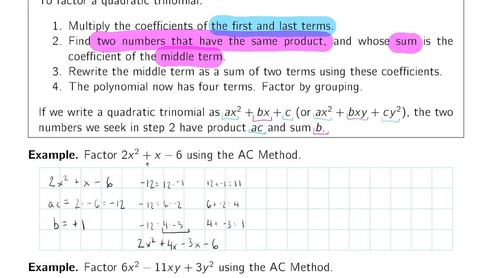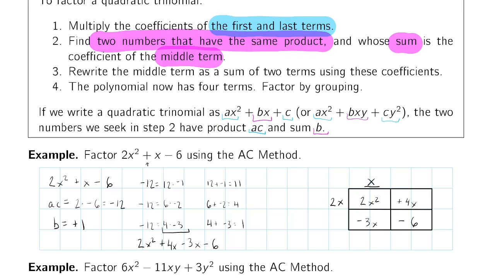And now that is something with 4 terms I can factor by grouping. So 2x squared plus 4x minus 3x minus 6. The greatest common factor of my first row will be 2x. 2x times what gives me 2x squared?